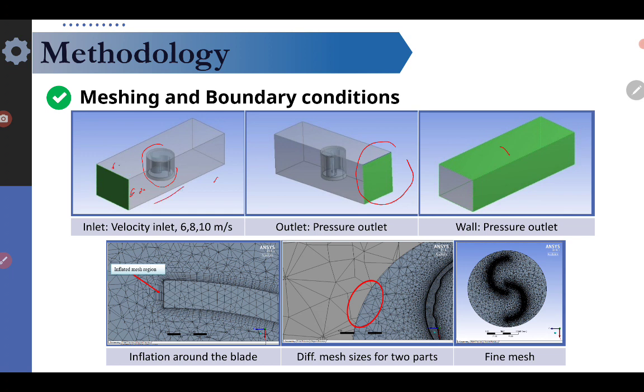Then there is the figure of the meshing, with inflation around the blade. You inflate the mesh region around the blade, with different sizes for the two parts: this one is the box, and this one is the Savonius wind turbine, which has the fine mesh.